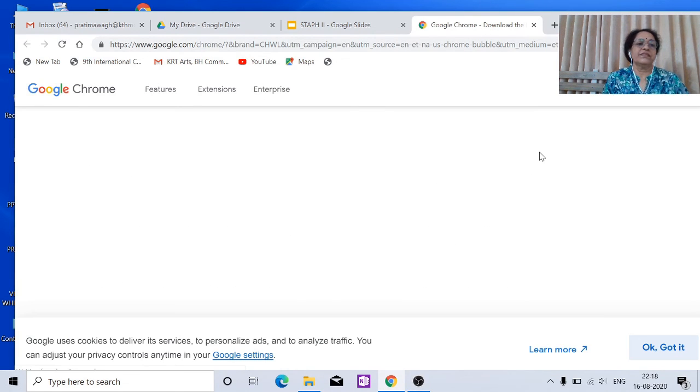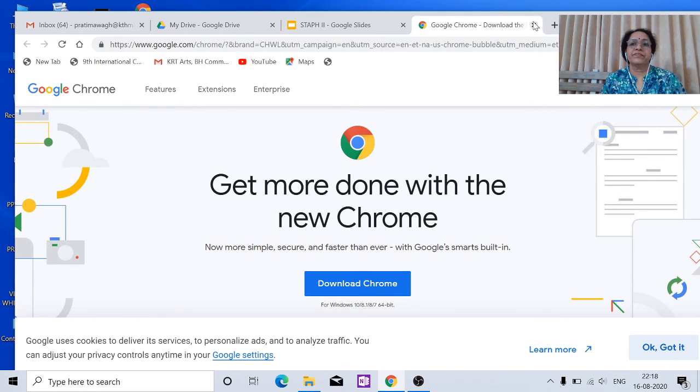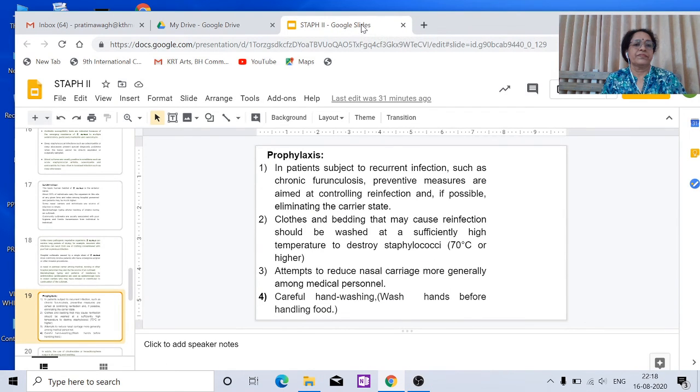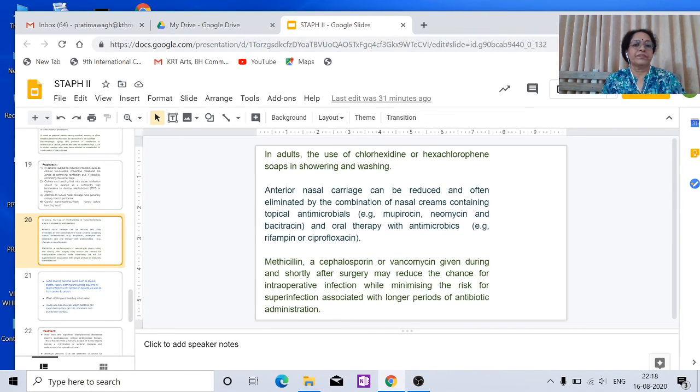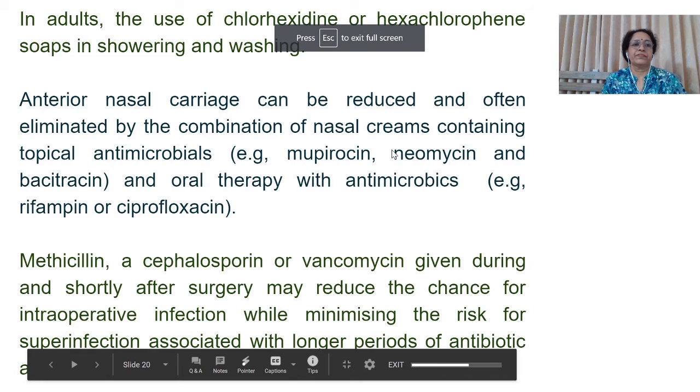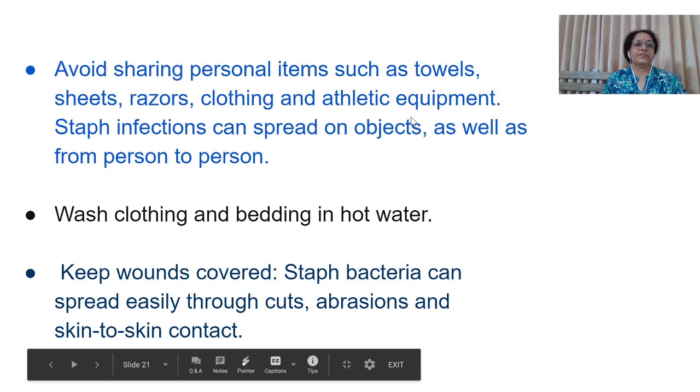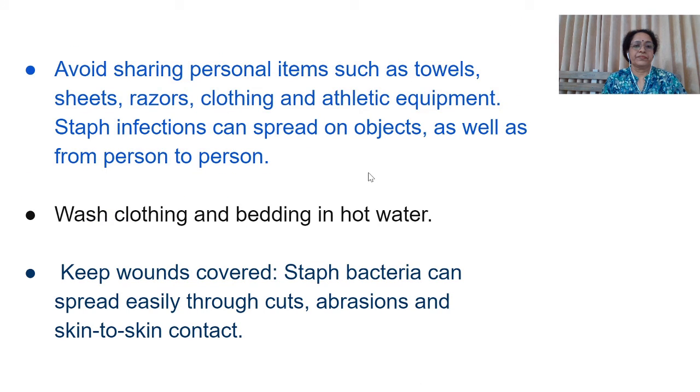Next type of prophylaxis is to avoid sharing personal items such as towels, sheets, razors, clothing, and athletic equipment.